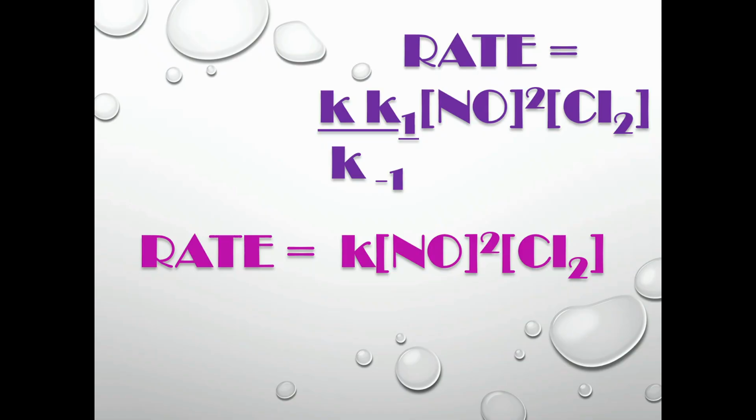So even though this looks like a termolecular reaction, this mechanism suggests that it doesn't have to be. It can be a two-step bimolecular reaction where the second step is the slow step, as long as we allow the first step to create a situation where the concentration of the intermediate has become a constant.